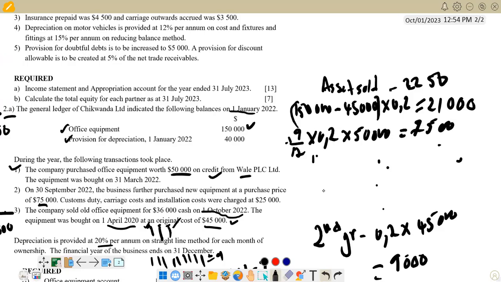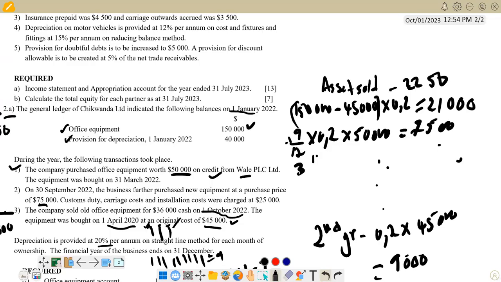And then for the third one, on 3rd September, the business further purchased new equipment at a purchase price of 75,000. We said it had 25,000 on top to make it 100,000, and it was only 3 months because it was on 30 September: October, November, December.